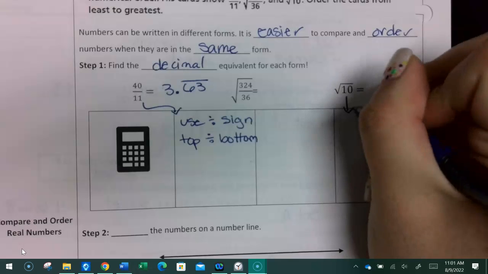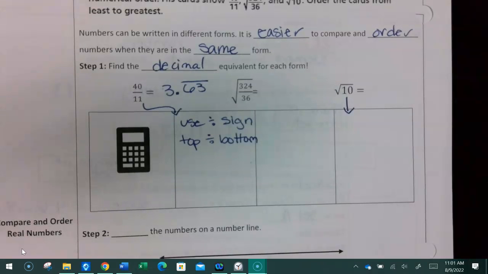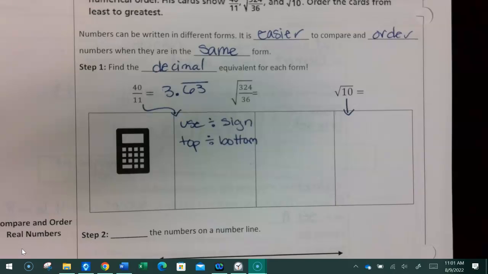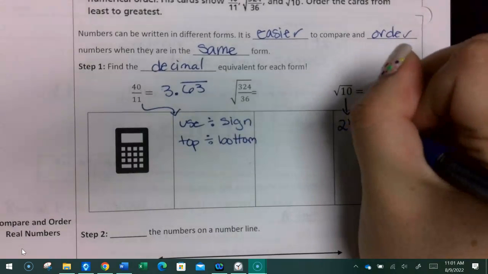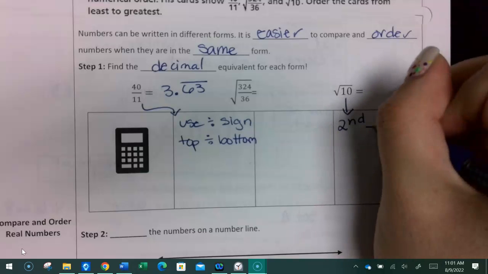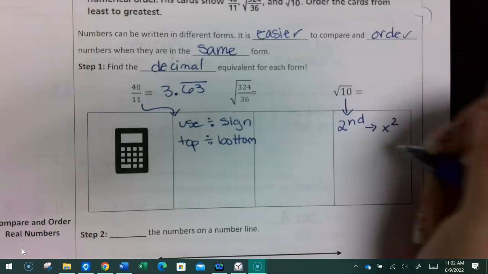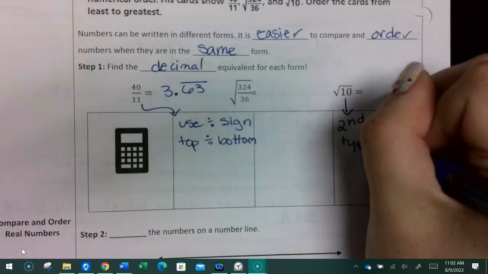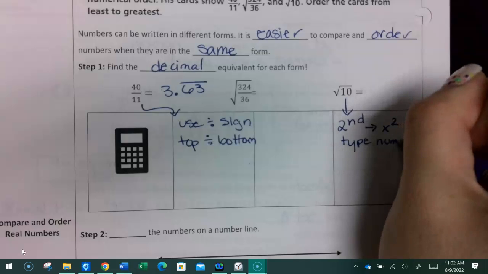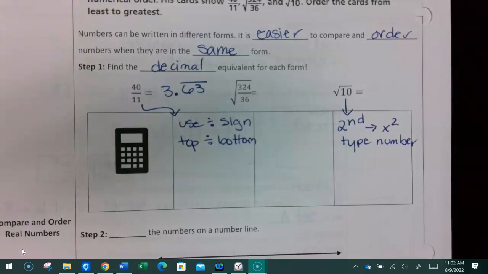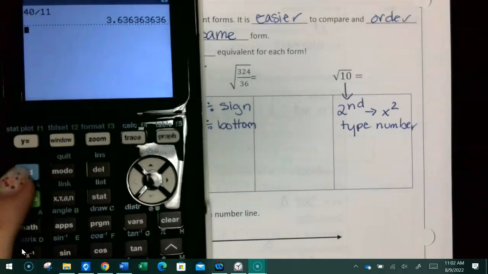Okay. So I'm going to skip the middle one for right now, and I'm going to go to the one at the end. The way I type this in is I'm going to press the second button, then I'm going to press the x squared button, and then I'll type my number. So my second button's right here.